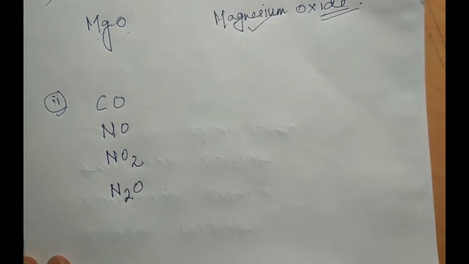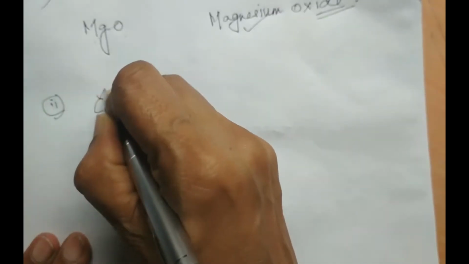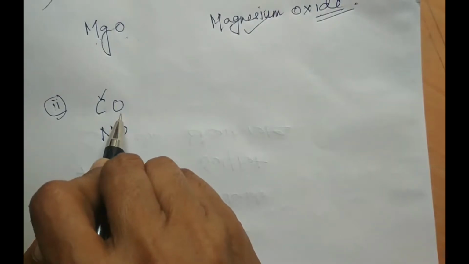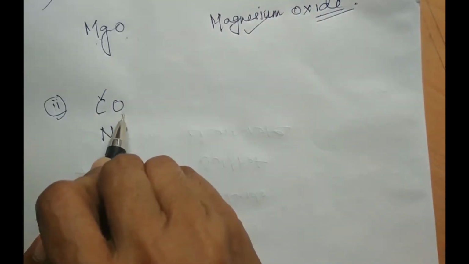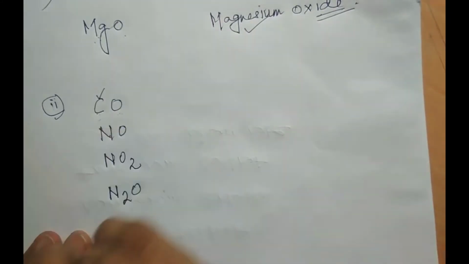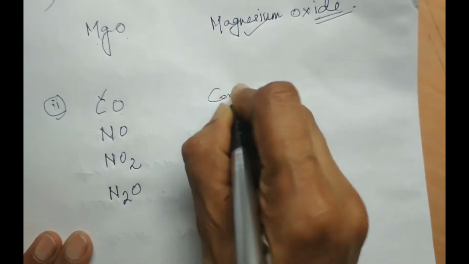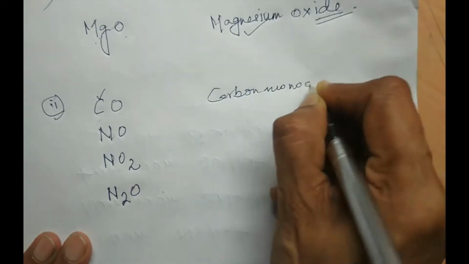Then how will you write? For the first one, how many carbon atoms are there? 1. And how many oxygen atoms are there? 1. So it is actually monocarbon monoxide. But with the first one, if 1 is there, we will not use the word mono. So I will write here carbon monoxide.